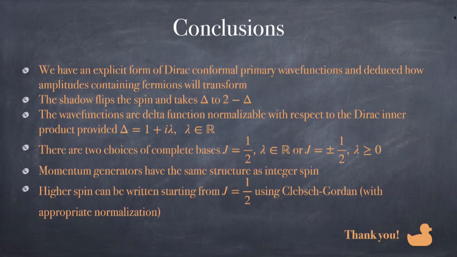So now, for example, here you say higher spin can be written starting from j equals 1/2 using Clebsch-Gordan. And you gave us an example for 3/2. So when you want to consider 5/2, for example, is it some recursion relation? Where do I see it? I mean, did you maybe look at it?